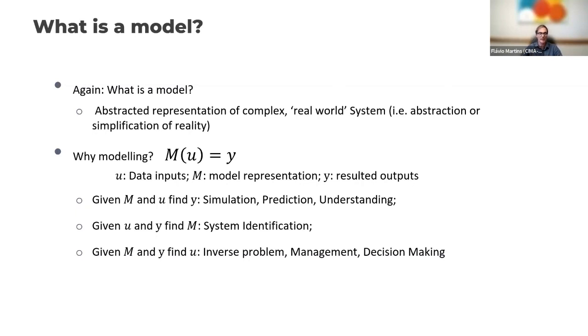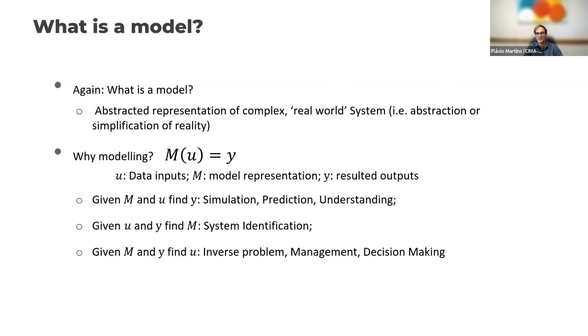And I can also have the model operators and the results, and I want to know the inputs, you see? So the question here is, which inputs will give the outputs that I want? And that is called the inverse problem.